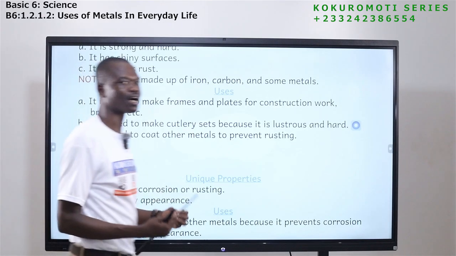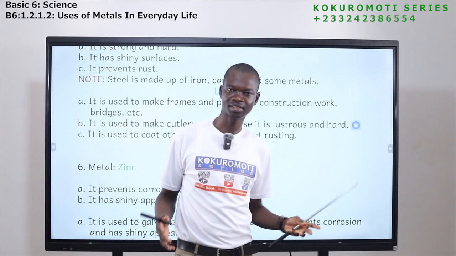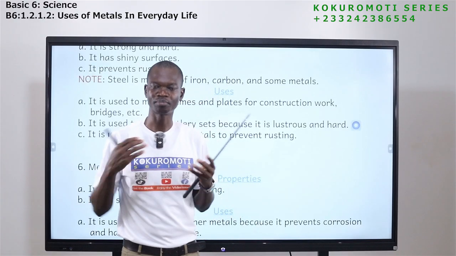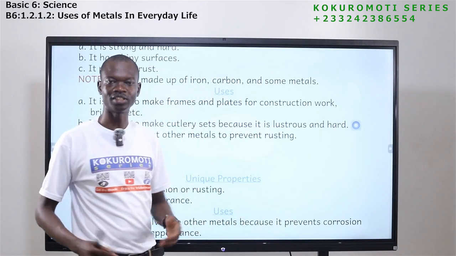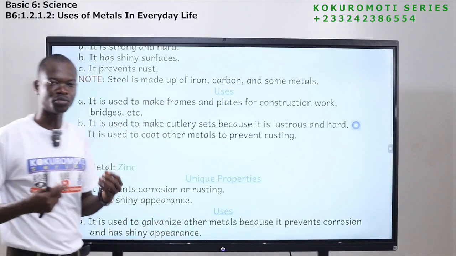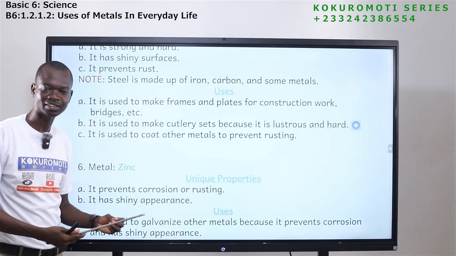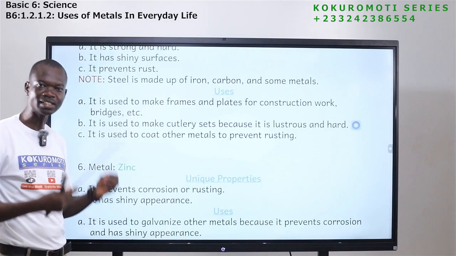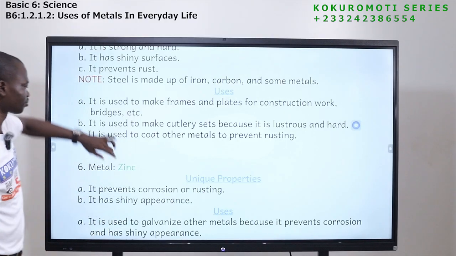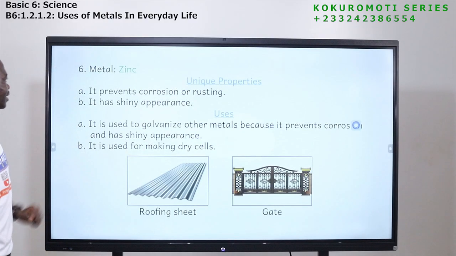So if you have a metal and you don't want it to rust, you don't want that metal to wear away, you need to coat it, you need to cover it. And we use steel to do that because steel prevents rusting. Okay.